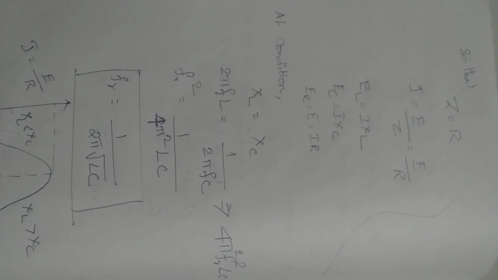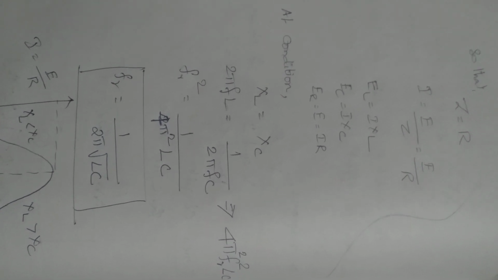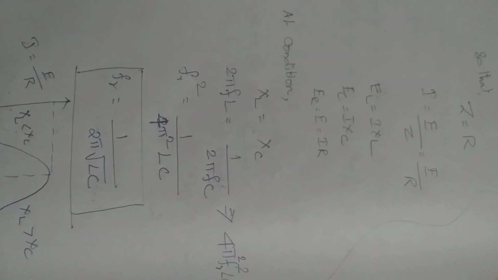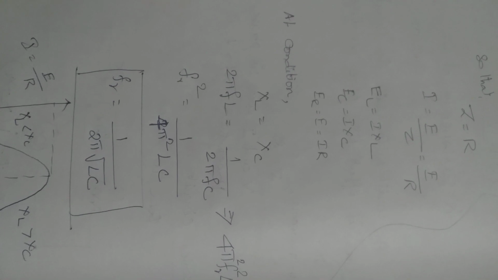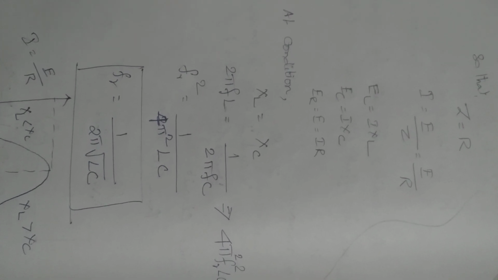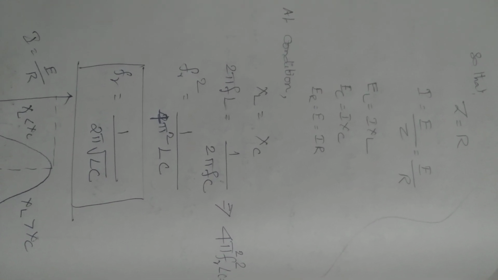So current I equal to E by Z, that is E by R. Voltage across each component: ER will be equal to I into R, EL will be equal to I into XL, EC will be equal to I into XC. The resonant frequency will be calculated from the condition XL equal to XC.